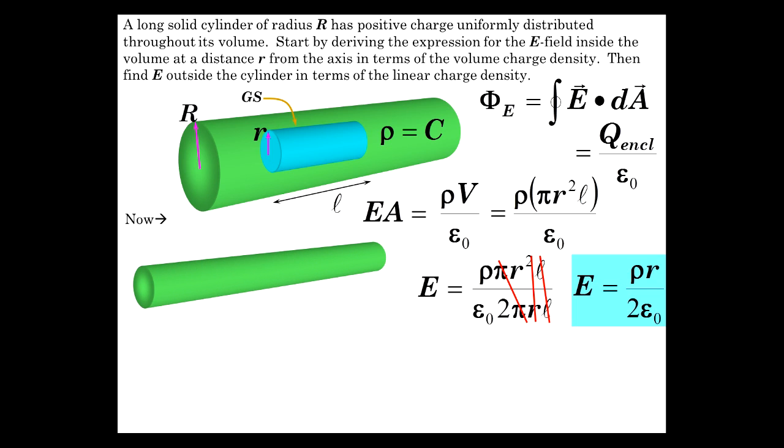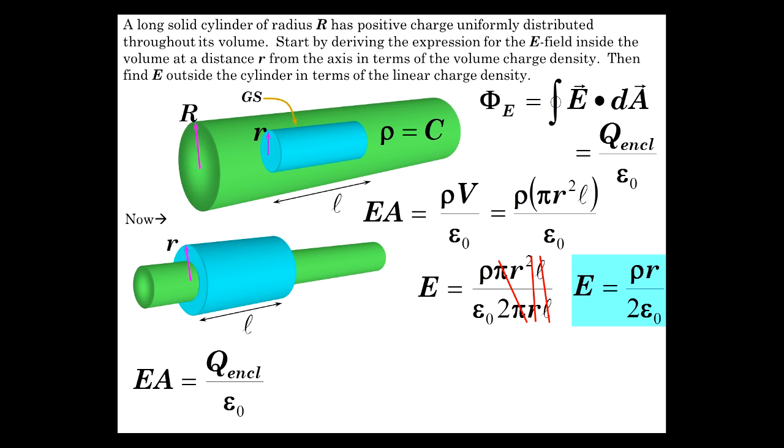Now let's look at the electric field outside. So let's put a Gaussian surface, wrap it around the entire cylinder. It's a nice looking Gaussian surface, if I say so myself. And there is little r and length L. So now, once again, we have cylindrical symmetry, namely that the electric field is uniform and radial on the Gaussian surface. So that's Q enclosed over epsilon 0. Well, what is the charge enclosed?